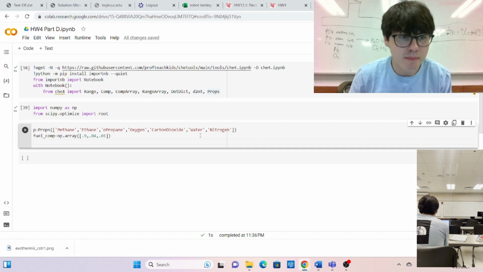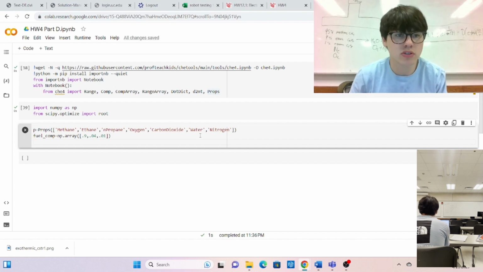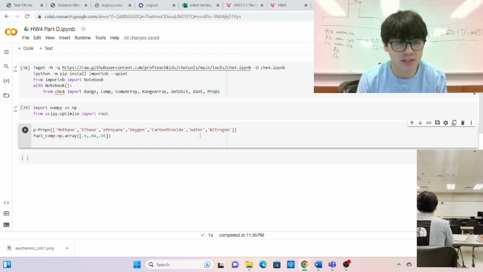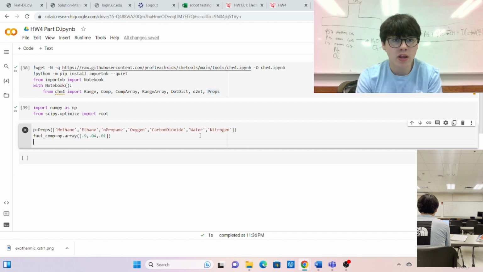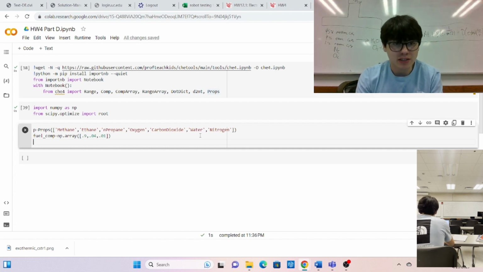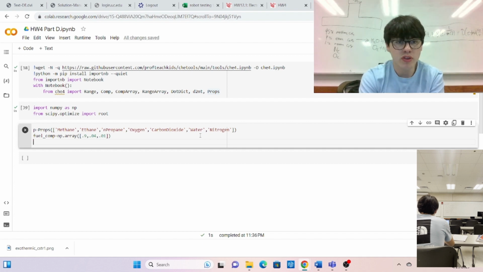And then we're going to create a matrix that will allow us to calculate the actual number of moles of each of our reactants here. By doing a matrix multiplication with this matrix and the fuel comp, we'll actually be able to figure out the number of moles of carbon and the number of moles of hydrogen that we'll have in the reactants. And from there, we can solve for the other compounds in the reaction here.